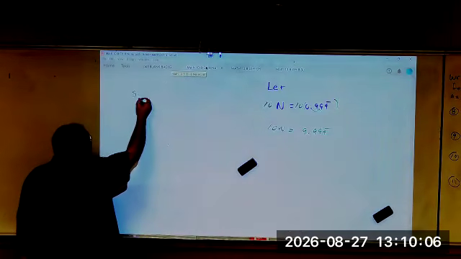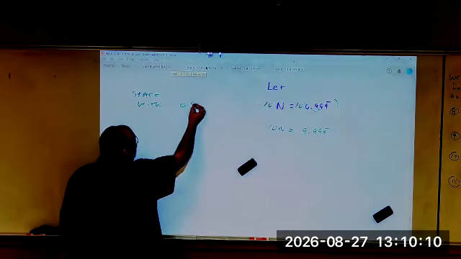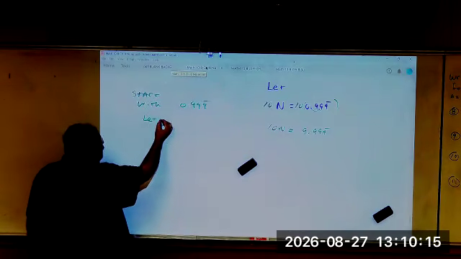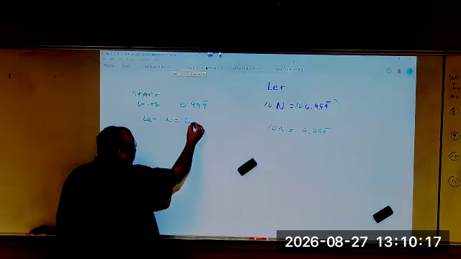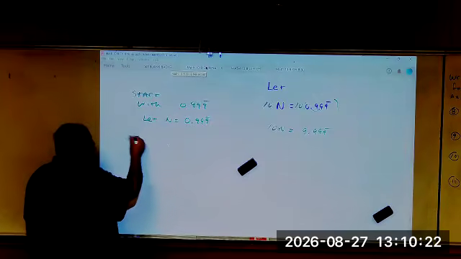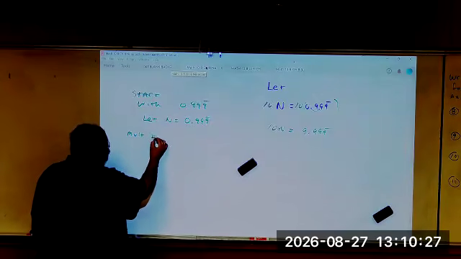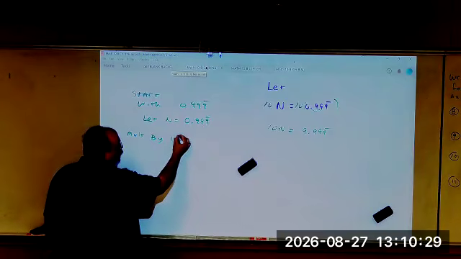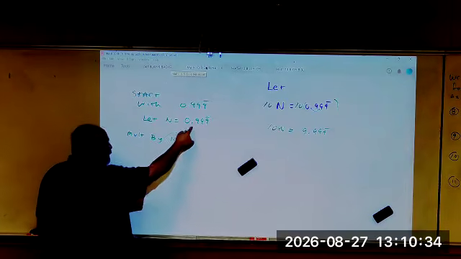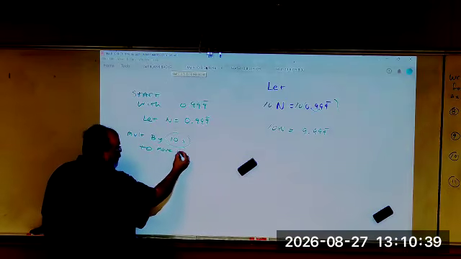I'm starting with 0.9 repeating. I'm going to let n equal that. Then I'm going to multiply by some power of 10 to move the decimal. And you'll see in the next example.